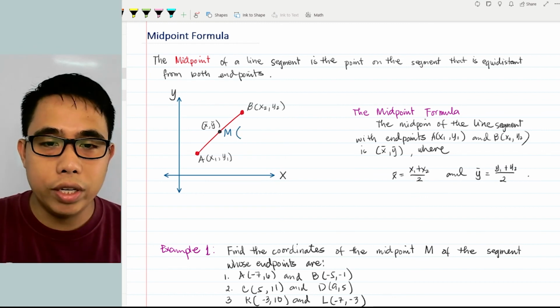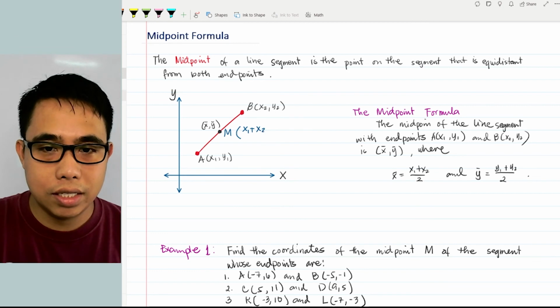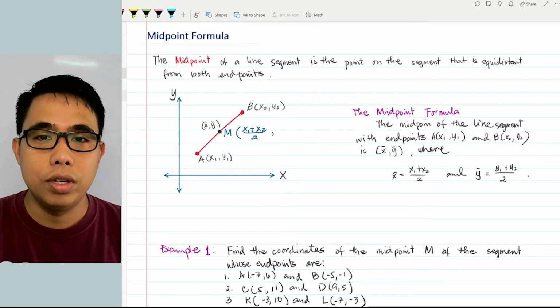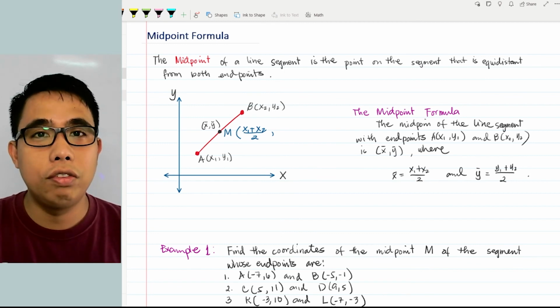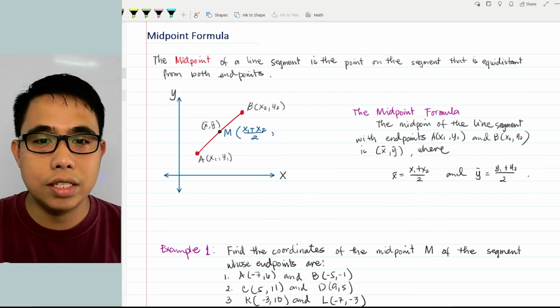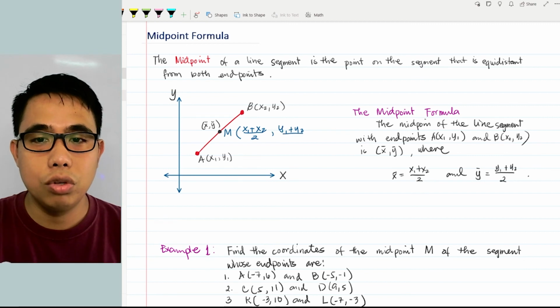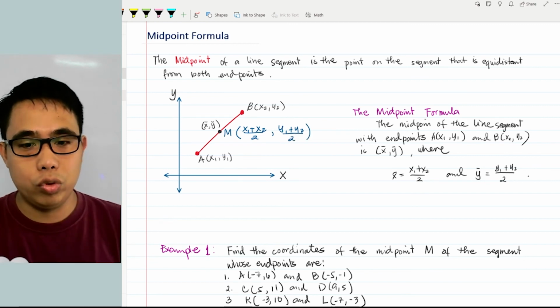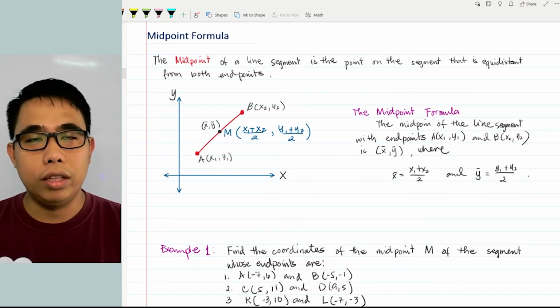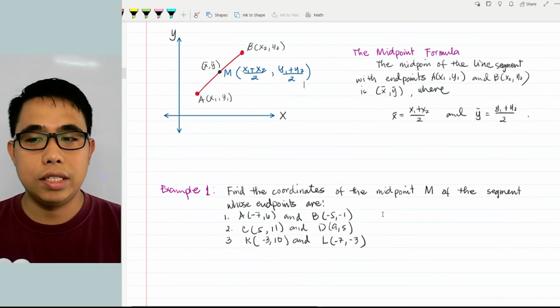The x-coordinate of the midpoint is the sum of the x-coordinates of the two endpoints divided by 2. And the y-coordinate of the midpoint is the sum of the y-coordinates of the two endpoints, y sub 1 plus y sub 2, divided by 2. That's how we find the midpoint of 2 points.